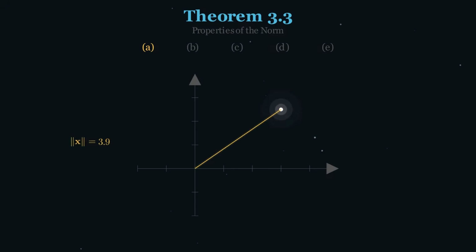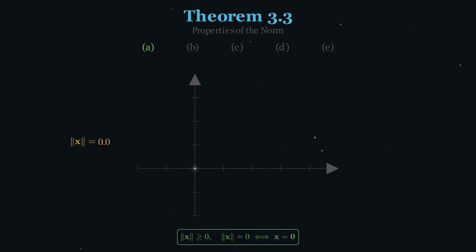Watch. As this vector shrinks, the length stays positive, positive, positive, and only hits 0 at the exact moment the vector collapses to the origin itself. Lengths can't be negative. That would be silly. And the only point with 0 length is the origin.